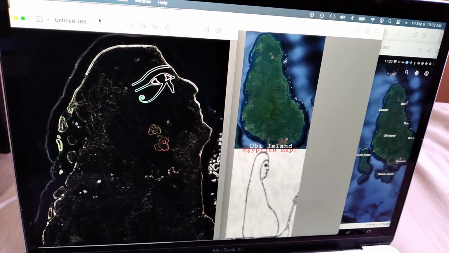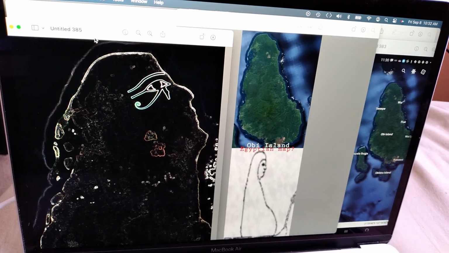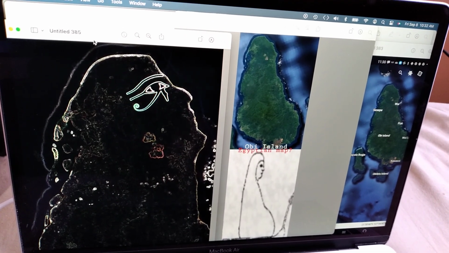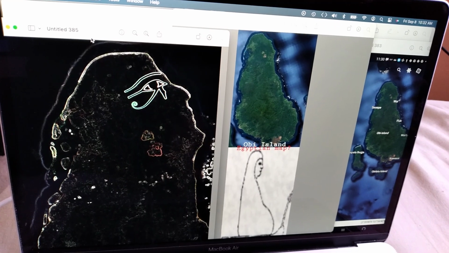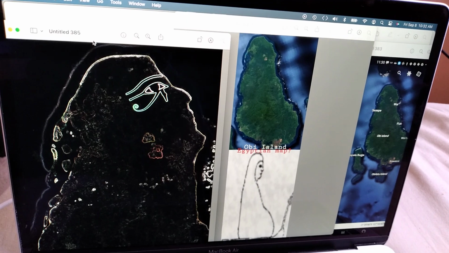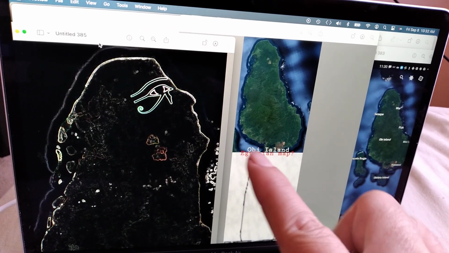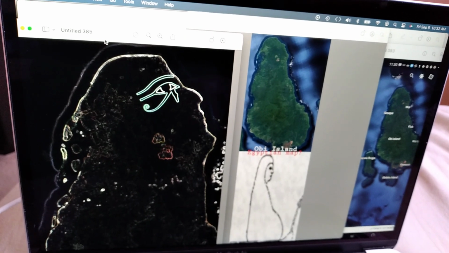So here's a zoom in on the face, and I changed the colors. I used the magic pen effect to change the colors a bit, but you can definitely see the chin, the nose, and yeah.